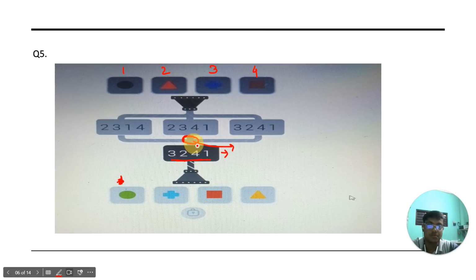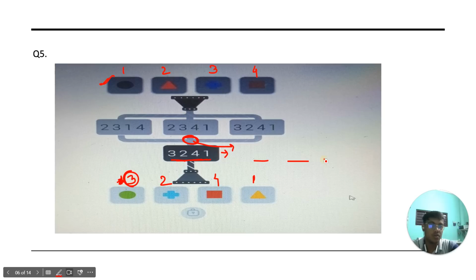That is, at this position, what was the diagram, so that we can match it with the beginning one to get the correct option. If we backtrack, this circle came from the third position. So this is 3, this is 2, this is 4, and this is 1.